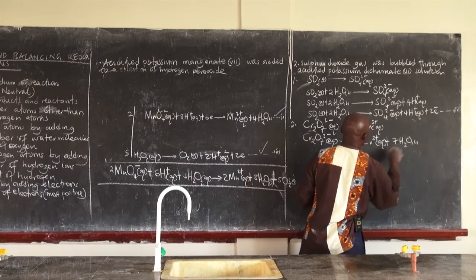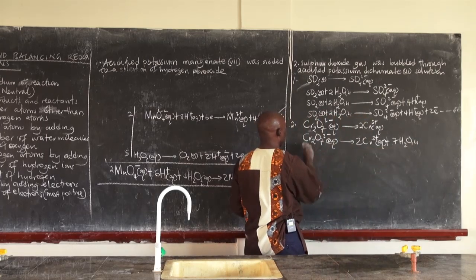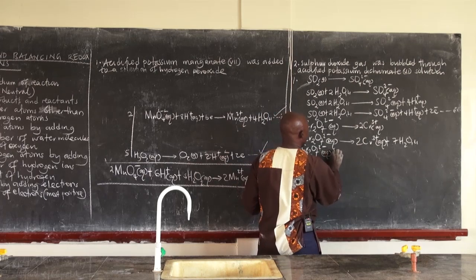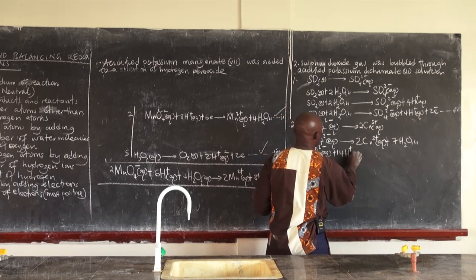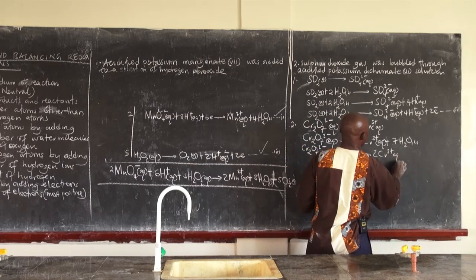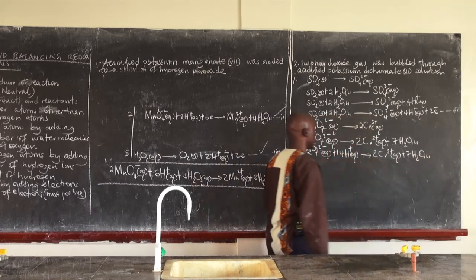It creates 14 hydrogen atoms, so I add 14 hydrogen ions on this side. So plus 14 hydrogen ions gives us 2 chromium(III) plus 7 water molecules.